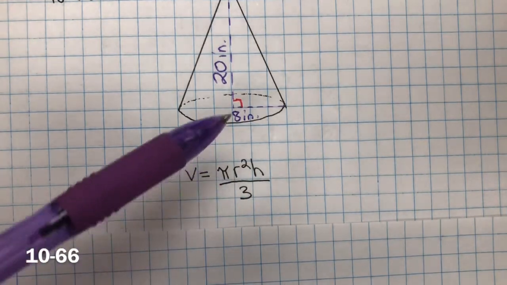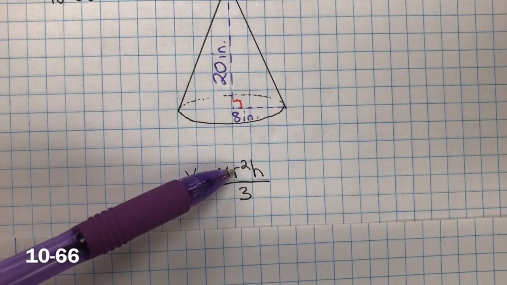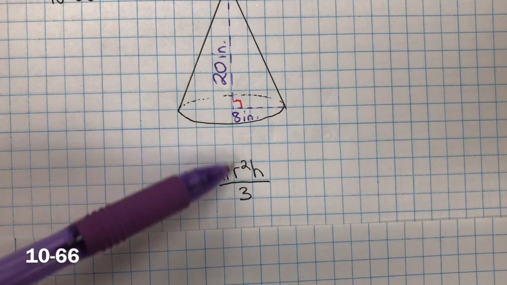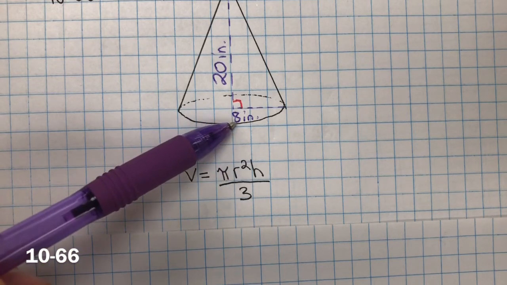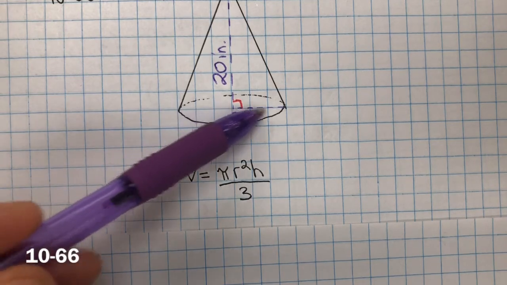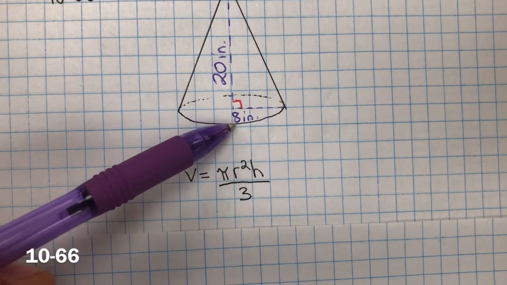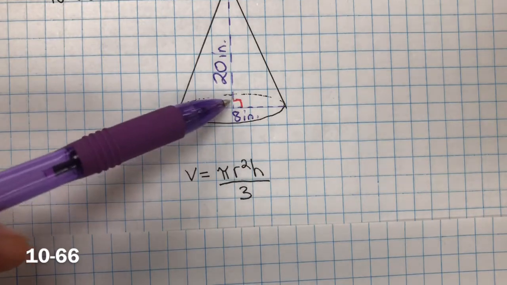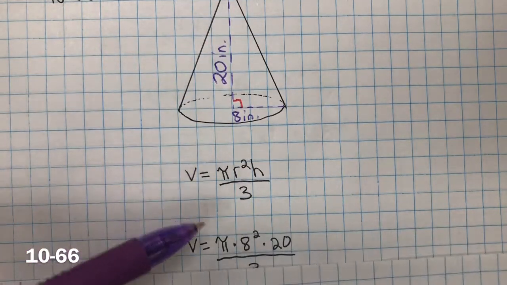So now I'm going to substitute r with the radius, and the radius is 8. If the dashed line went all the way across, then that would be the diameter, but it's halfway across, so it's the radius. So we have the radius squared multiplied by the height, which is 20.